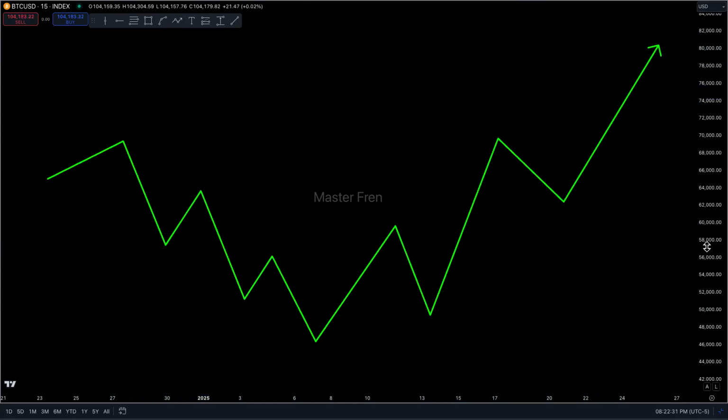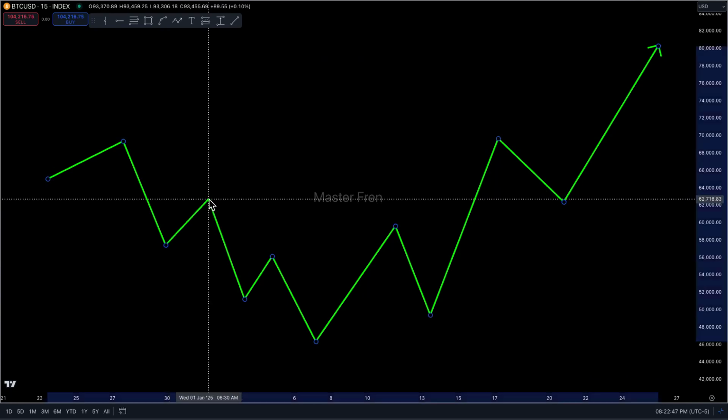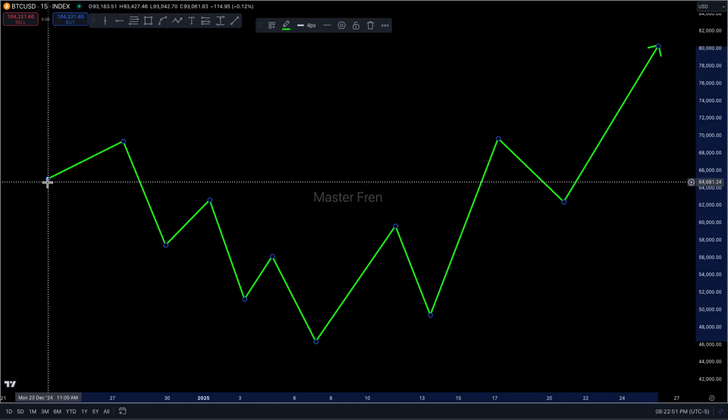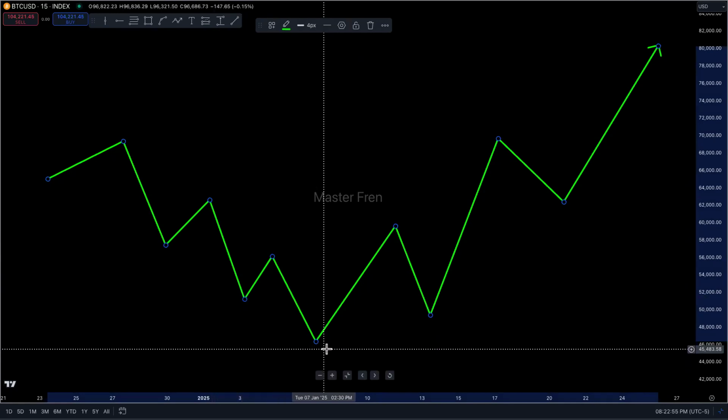Now, this is just basic trend analysis, and I'm starting to get the vibe that this is a common thing that's missing. This is the first thing I learned when I got into trading, so I just assumed that everybody learned it first. But this is a downtrend here. And what makes it a downtrend is that the lower lows keep getting blown out. So these are the swing lows that I showed you here.